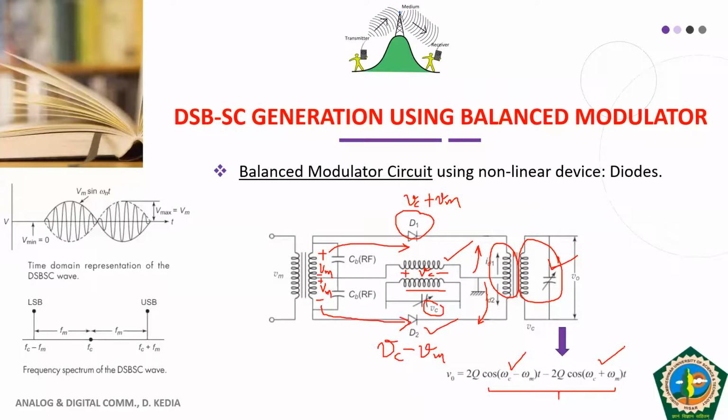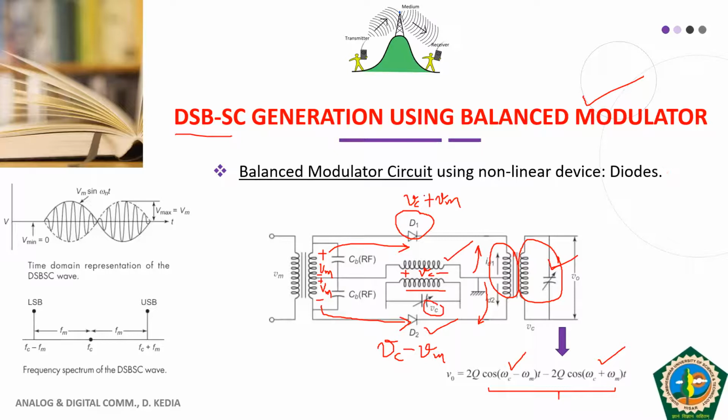This is how we get our double sideband suppressed carrier signal using a balanced modulator. Indirectly, this balanced modulator is also nothing but a multiplier. I hope all of you have clearly understood this. It was very simple.